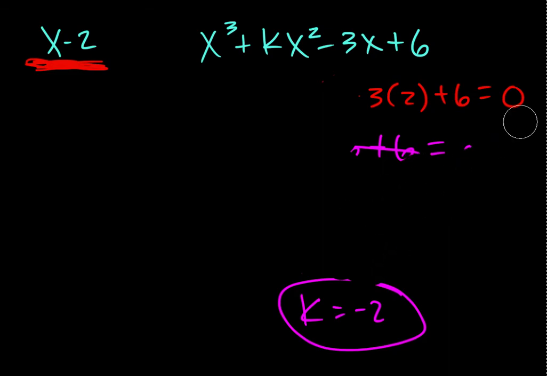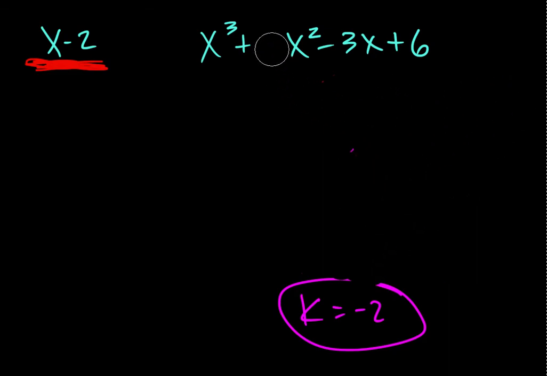I know that k is negative 2, so I'm going to replace that with a negative 2. Actually, let's do it that way.